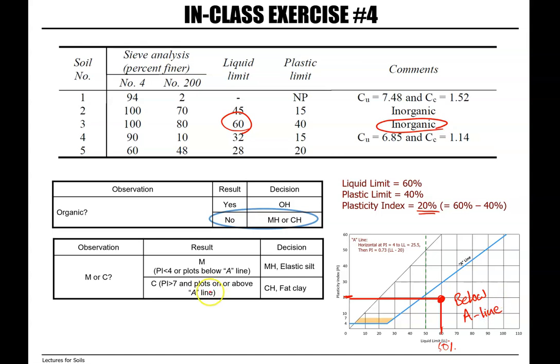So this is not satisfied above, but this is satisfied. Plots below A line. And remember, this is OR, so if one of these statements is satisfied, we know that it's the correct symbol. So the final answer is silt with high plasticity or elastic silt.